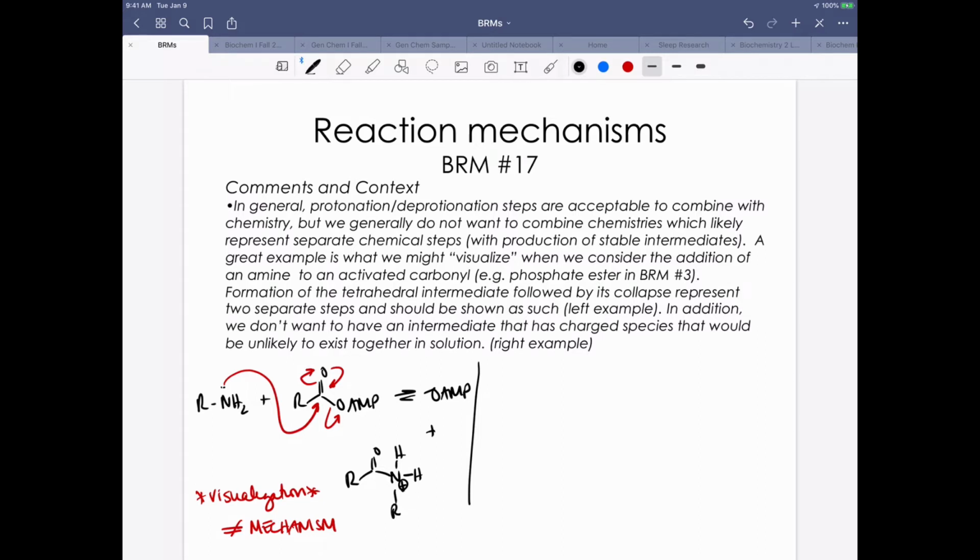Something else to think about, and we've mentioned this before, is that we don't want intermediates that have charged species that would be unlikely to exist in solution. This is one that we've seen before, related to this mechanism.